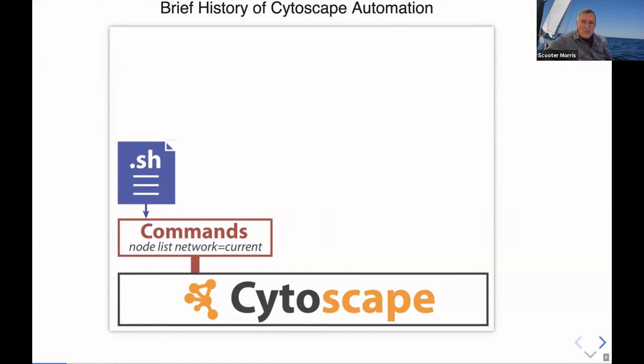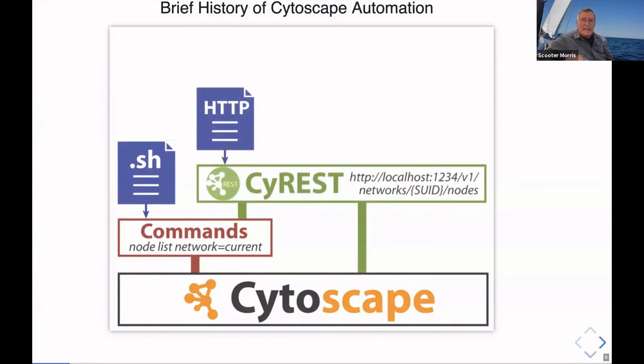What we did instead is we implemented something called CyREST. All CyREST does is, when Cytoscape launches now, it opens up basically a web server, an HTTP server, as part of Cytoscape. It listens on port 1234 by default. You can change that.